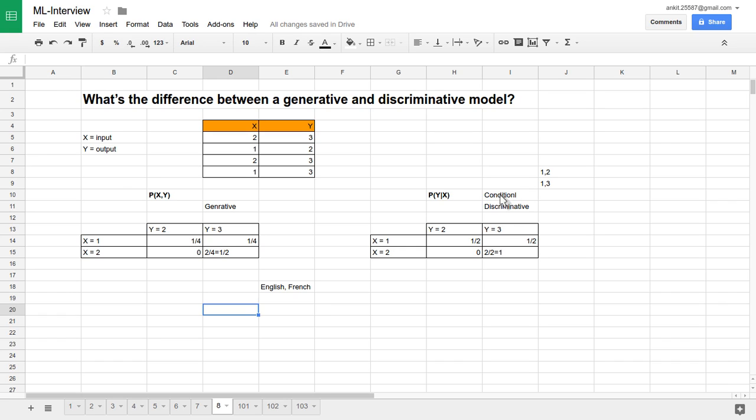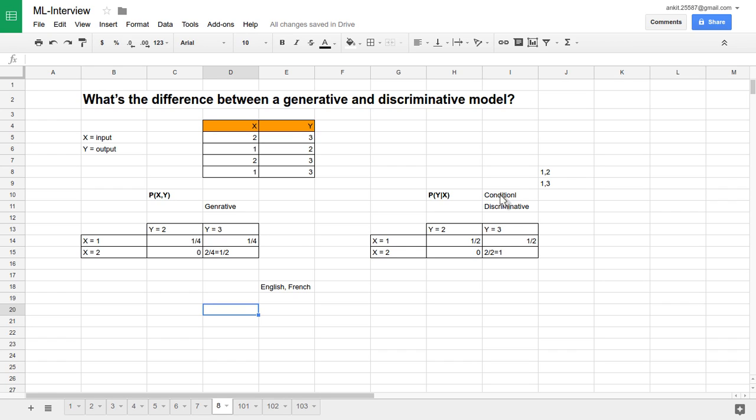And in the same way we have learned about French, how a French sentence is spoken, what the pronunciation is, how it is written, what the spellings of individual words in French are. And then we try to classify whether the query sentence belongs to the English language or the French language.